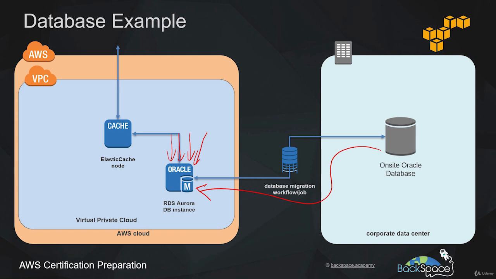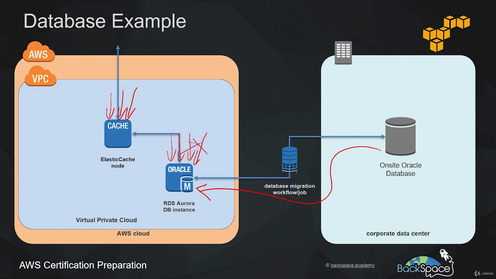We can put an Elasticache node in front of that RDS instance, and that will cache our frequently accessed data. And because it's delivering that data from memory and not from a hard drive, it will be delivered with very low latency. And at the same time, the load on our database will be massively reduced.